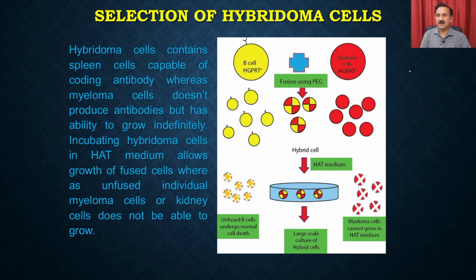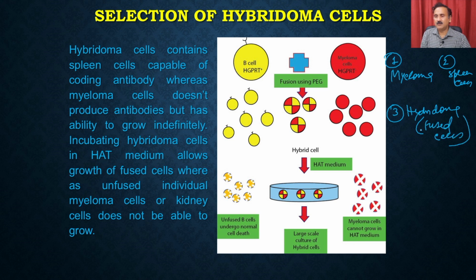When you do the fusion, you are going to get 3 cell types. Number one, you are going to get the myeloma cells, right? Number two, you are going to get the spleen cells, and number three, you are going to get the hybridoma, which means the fused cells, right?